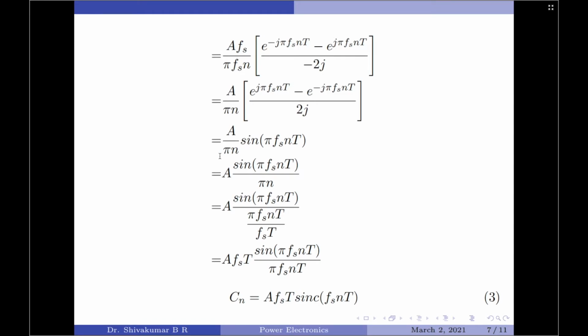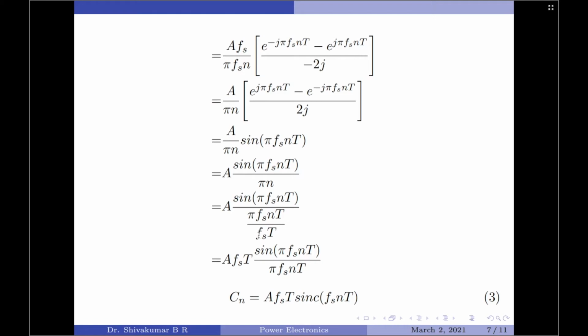Further, I am going to take this pi into n to the denominator of sine. So, I will get A multiplied by sine pi fs n capital T divided by pi into n. Now, I want to convert this into sinc function. So, I will make this and this equal. In order to do that, I am going to multiply and divide the denominator of this term by fs into T. So, when I take fs into T in the numerator and denominator of this equation's denominator, this will be like this.